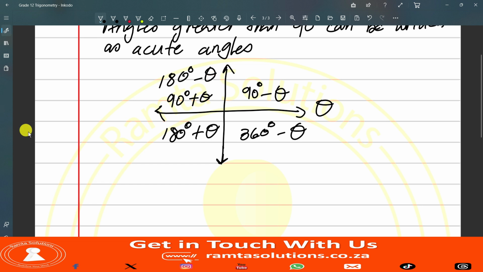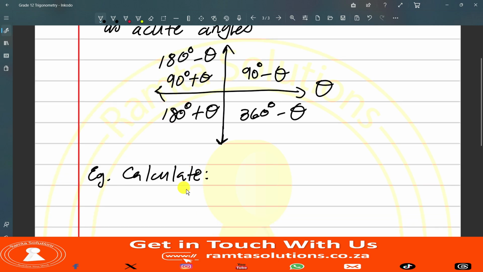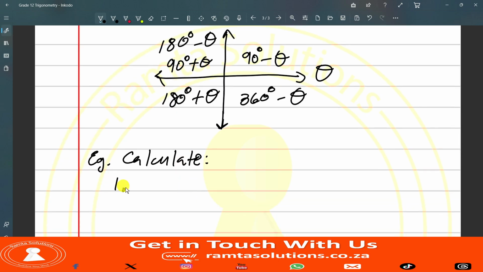Okay, these are your reduction formulas, but I have to give examples here. So examples: calculate number 1. I'm gonna say sine 135. This we can do in 2 ways.